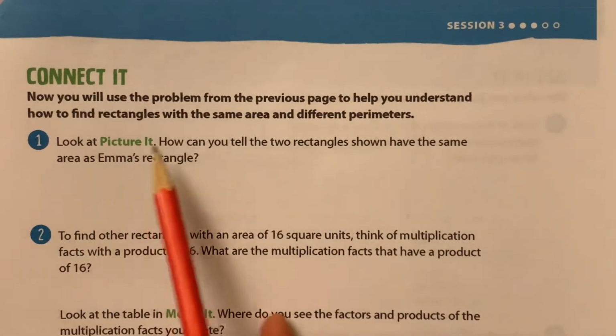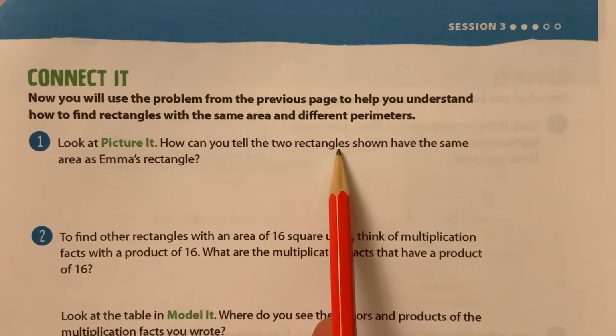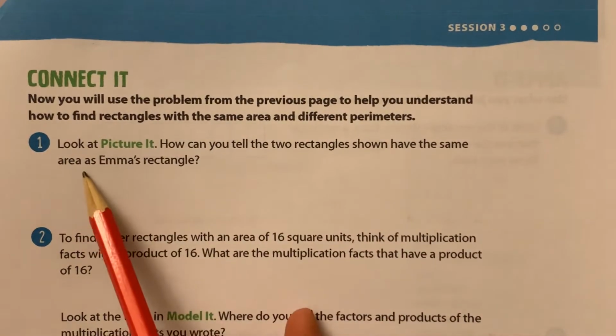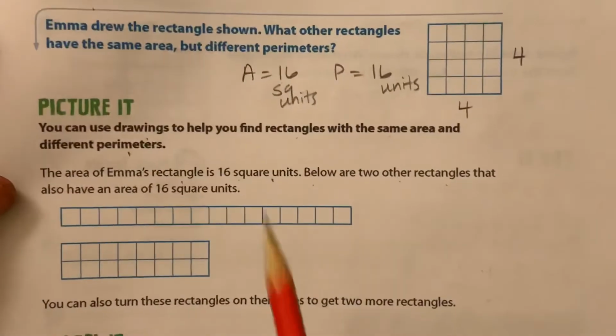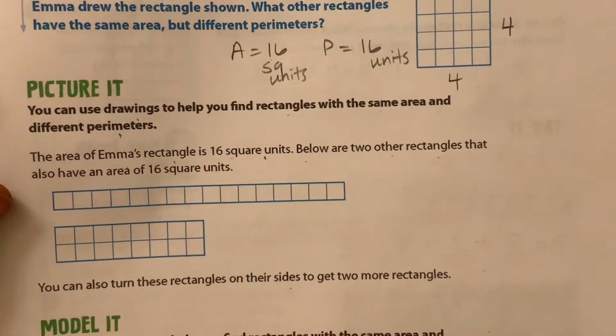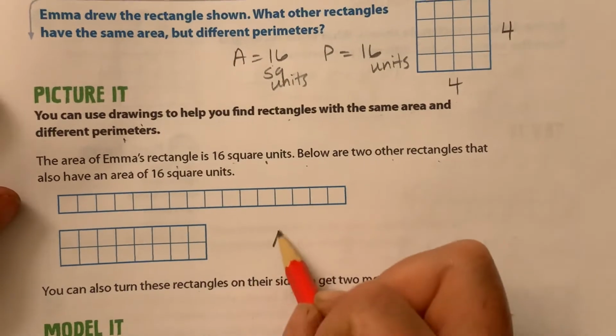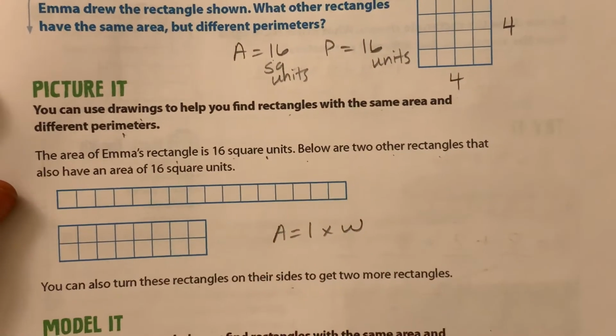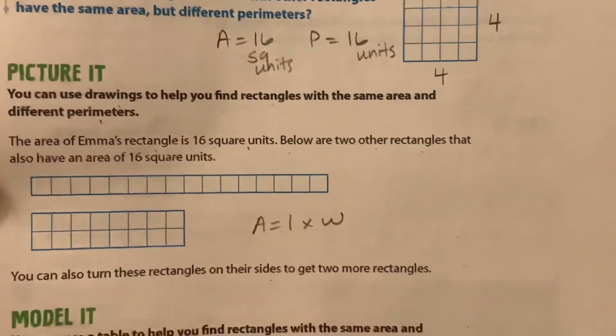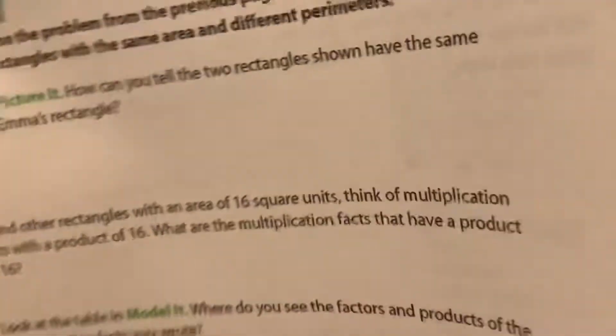Look at Picture It. How can you tell the two rectangles shown have the same area as Emma's rectangle? How can we tell? What could we do? Well, we could go area equals length times width, or we could count, right? We could have just counted our squares, which is what we did on our grid paper.